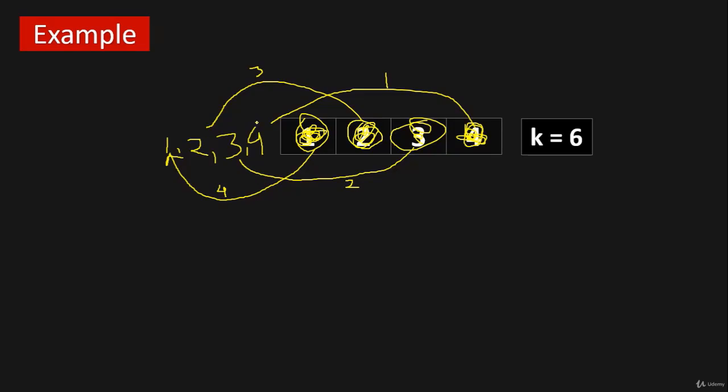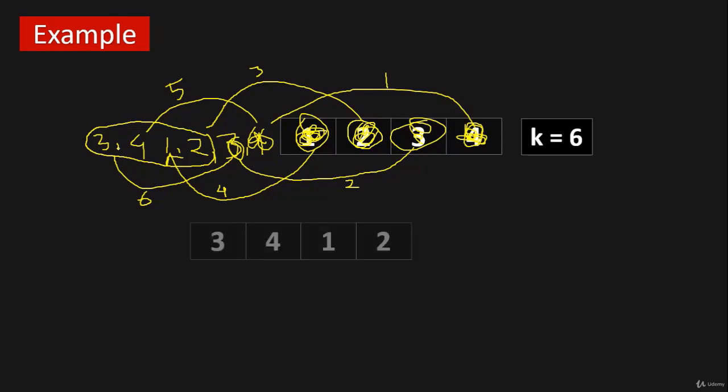Now let's move 4 right here, so we have done 5 steps, and let's move 3 right here, and we have done 6 steps, and we have to remove 4 and this 3. So here we get this array 3, 4, 1, 2. All right, so we have to return this array.